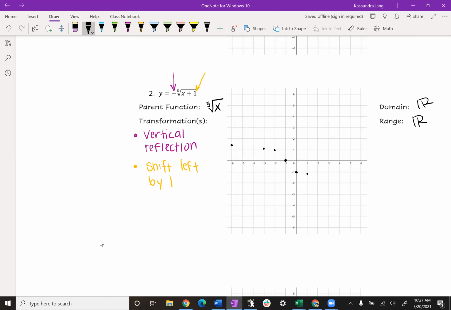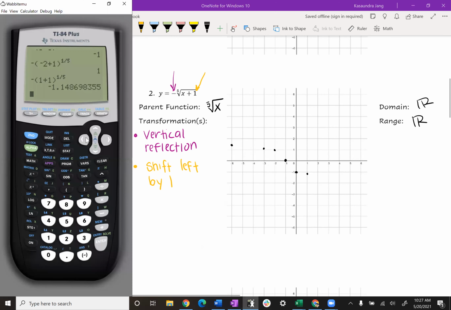Barely over -1. Maybe I'll plug in a 4 or something. Just trying to see the shape here. I guess it should be a 4 plus 1 instead of 1 plus 4, but same thing. Okay, so this gives me a negative 1.4.